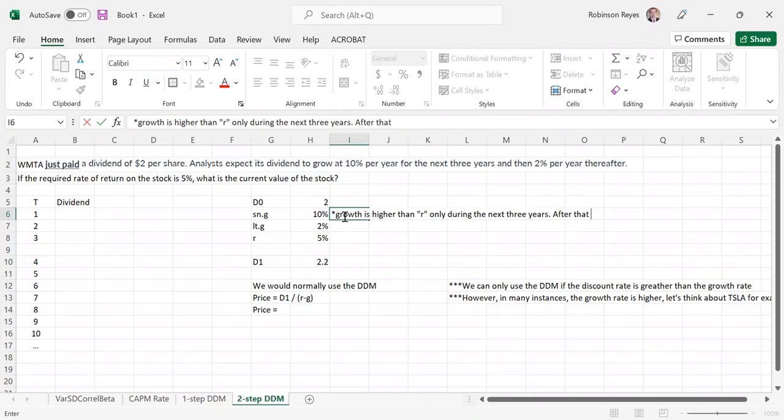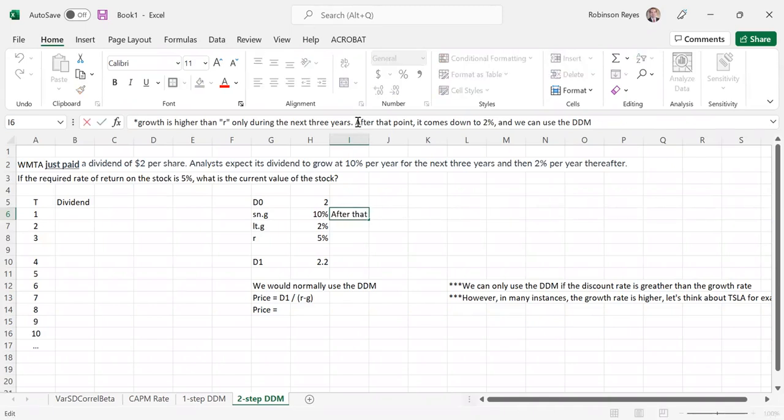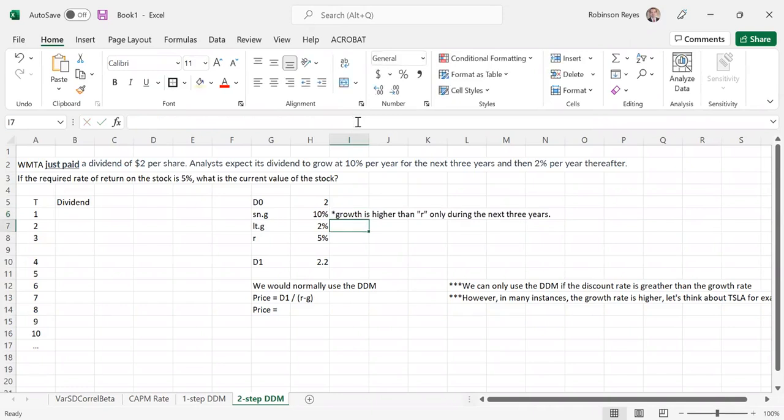After that point, it comes down to 2% and we can use the DDM.